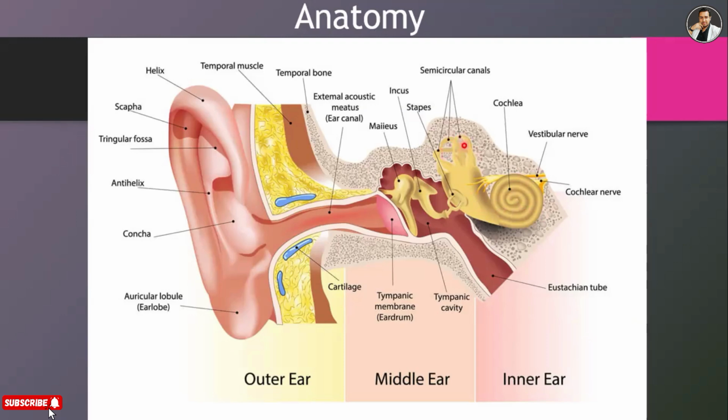Two nerves come out of the vestibulocochlear system: one is the vestibular nerve and the other is the cochlear nerve. And here is another canal, the eustachian tube.